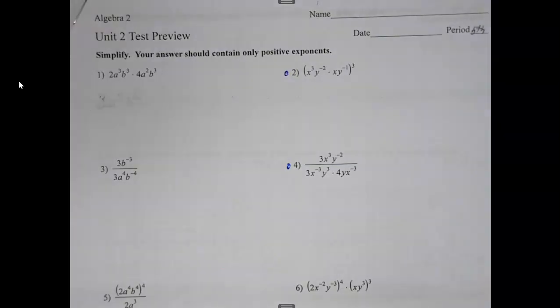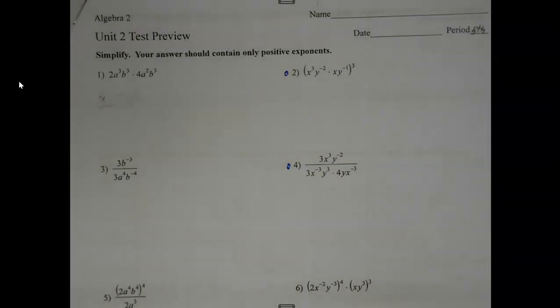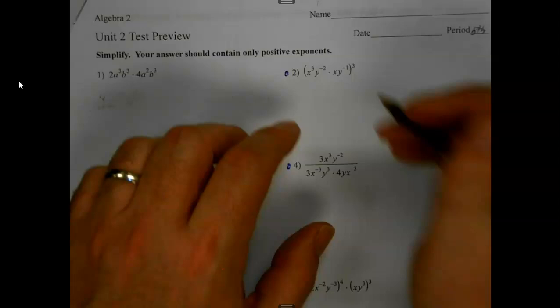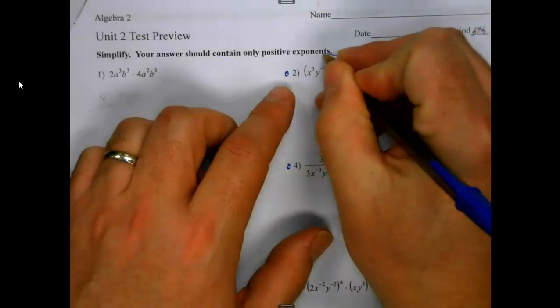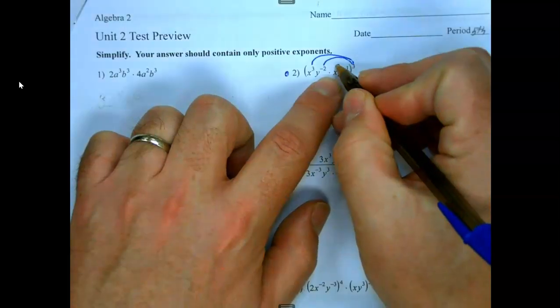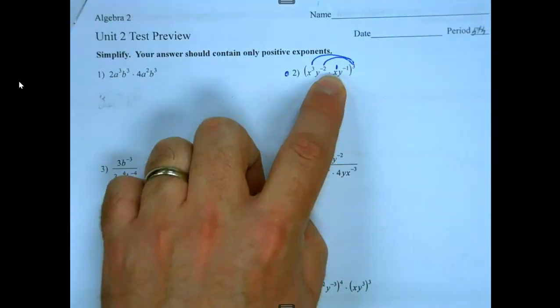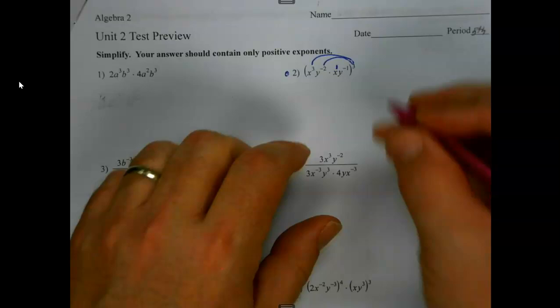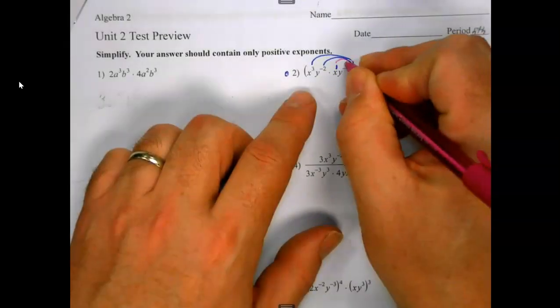So when I start taking a peek at number 2, which is where we're starting, if there's parentheses, normally I just deal with that right away. You have options here, but we're going to multiply that 3. Hardy, there's no exponent on the x. Oh, there's an exponent there. It's just 1, so don't forget about that either.